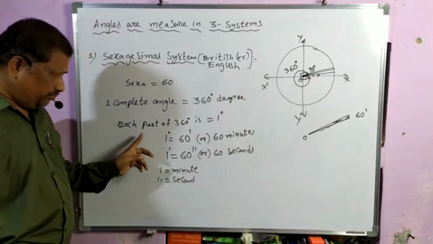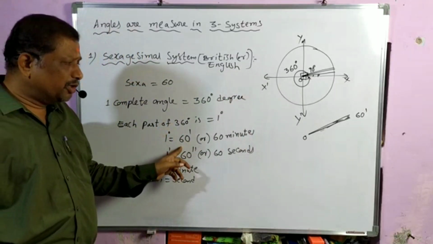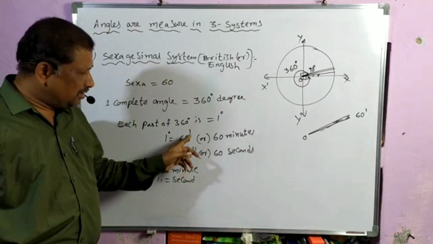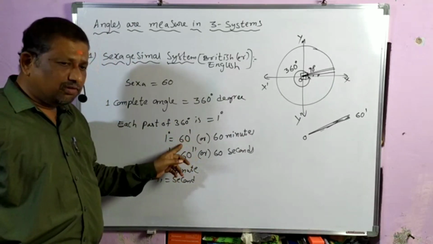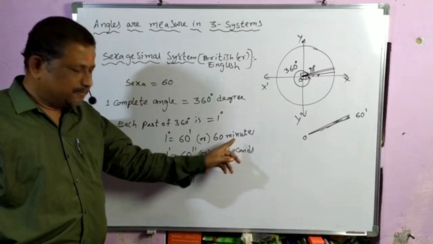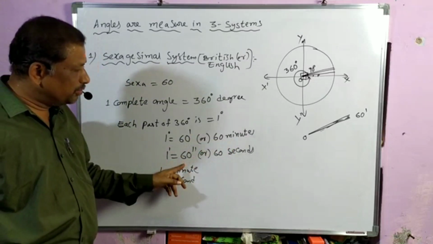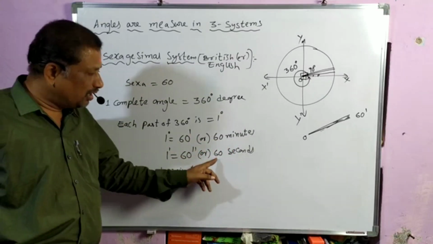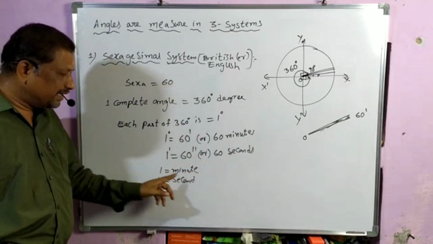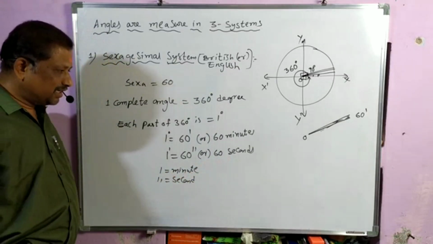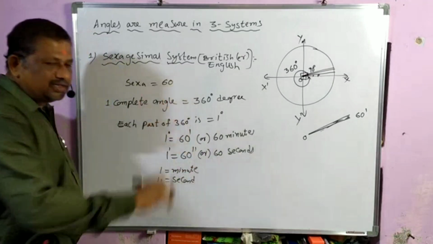And 1 degree is further divided into 60 equal parts, called 60 minutes. And 1 minute is further divided into 60 equal parts, called 60 seconds. This symbol indicates minutes. This symbol indicates seconds.